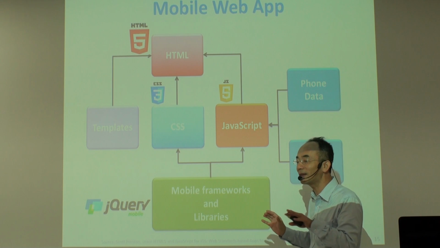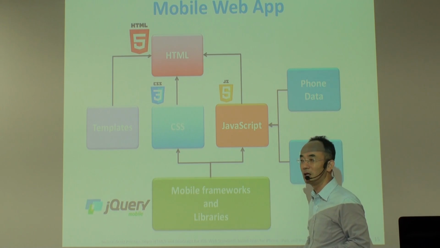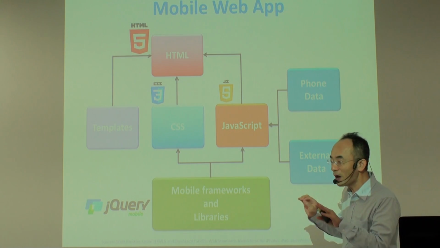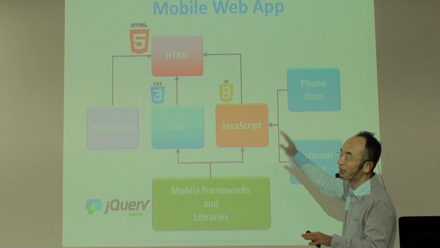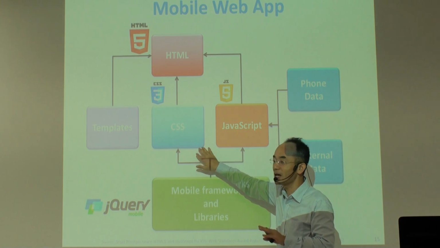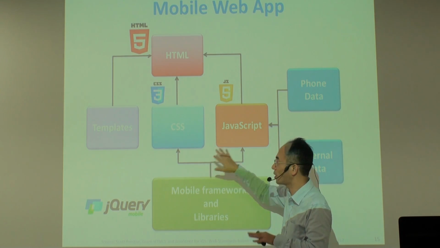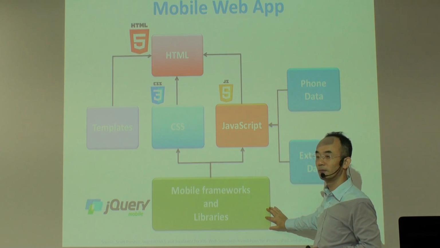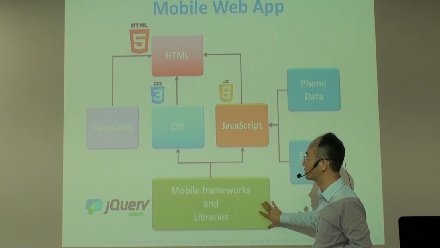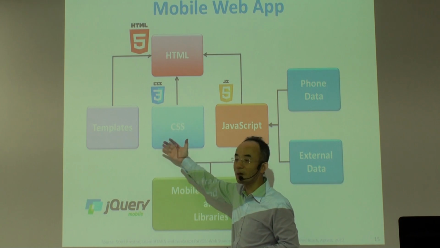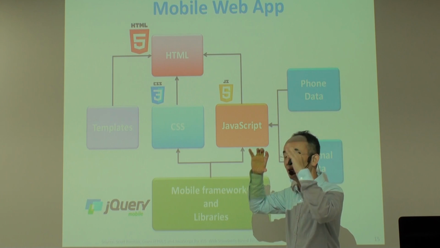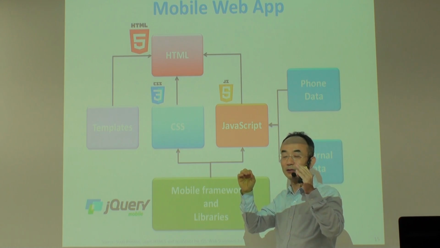You don't need to write a lot of JS or a lot of CSS3. What you have to do is design your content and structures, and also use the powerful CSS and JavaScript provided by mobile frameworks and libraries. And you can also use templates as your backend to design your HTML5 content and structure.